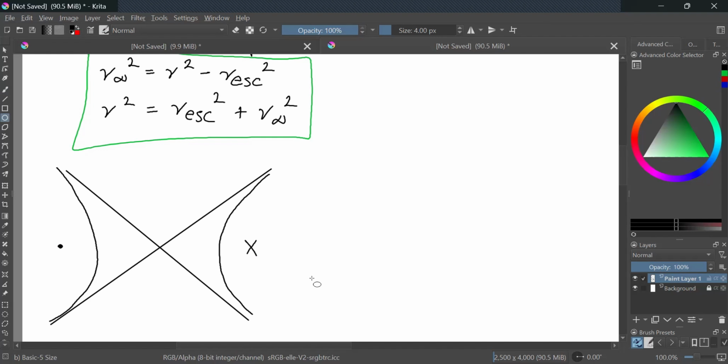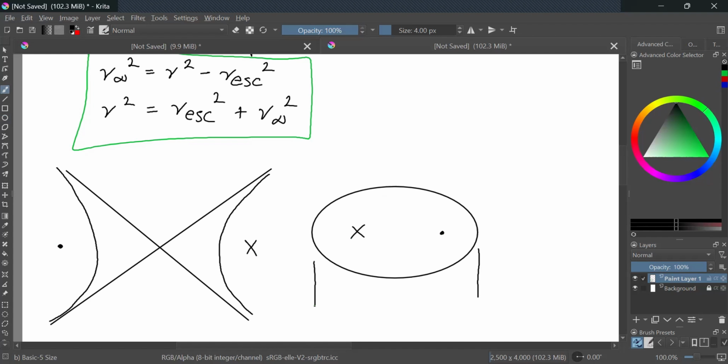Whereas in an elliptical system, if I were to have filled and empty focus, the boundaries here, this is 2 times the semi-major axis.